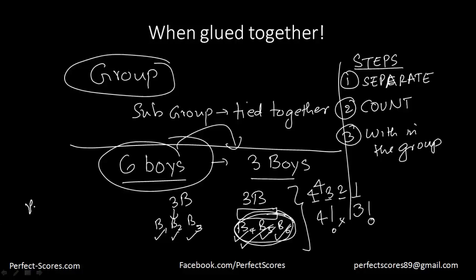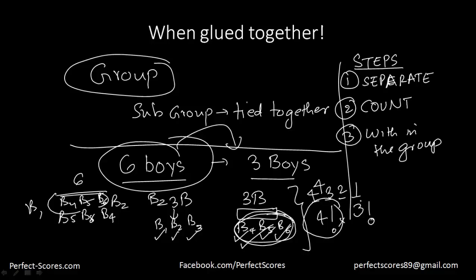So one arrangement would be boy 1, your group, and then boy 2 and boy 3. Now this group can arrange in 6 ways, because boy 4, boy 5 and boy 6 can arrange in 6 different ways. So your overall arrangement is multiplied by the number of arrangements within the group. I suppose you're understanding what I'm trying to say here.